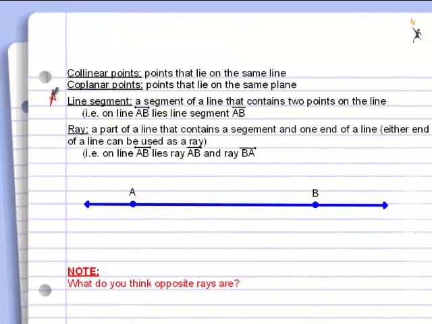There's something called a line segment in math. Now, hopefully you've already identified this. Hopefully you already know what a line segment is. A line segment is a segment of a line that contains 2 points on the line. For example, on line AB lies line segment AB. I'm going to highlight it so that you can see it. From this point to this point is a line segment.